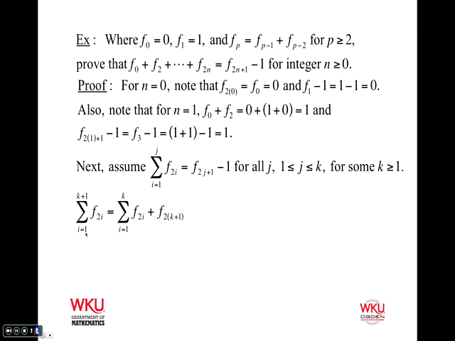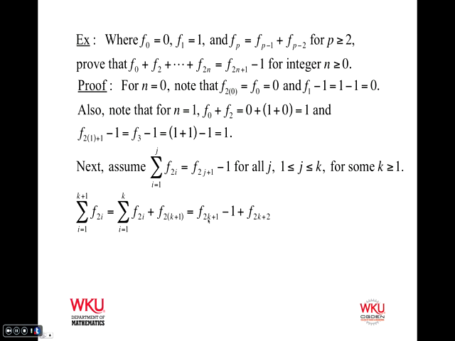All right. So again, sums are pretty easy. We can always break out that last term. So we say, well, okay, we've got the sum up to k, which we have an assumption for. We're assuming that this holds. And then we've got this other one. So we use the formula for this. This is going to be f of 2k plus 1 minus 1. And then we've got this term.